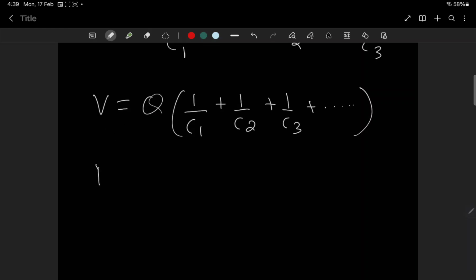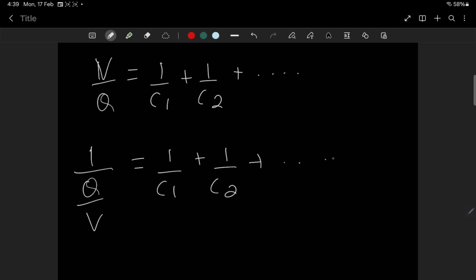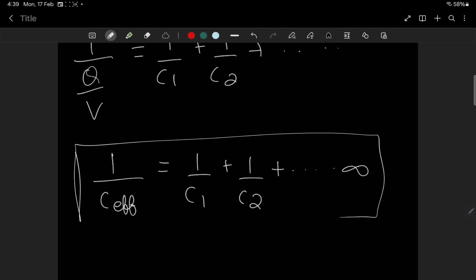So V by Q is equal to 1 by C1 plus 1 by C2, etc. Hence 1 by Q by V is C effective. So 1 by C effective is equal to 1 by C1 plus 1 by C2 up to N terms. This is the derivation for series combination of capacitors.